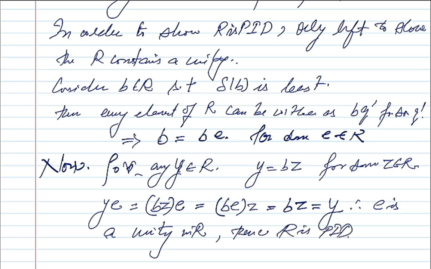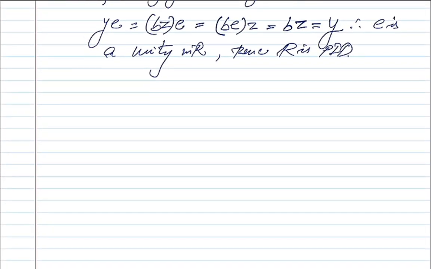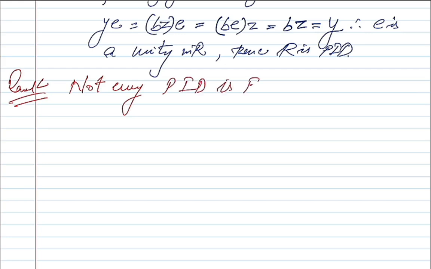So every Euclidean domain is a principal ideal domain, but remark, not every PID is ED. Example, you just remember it.